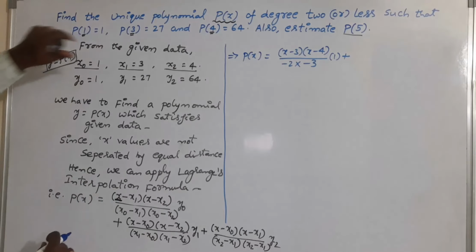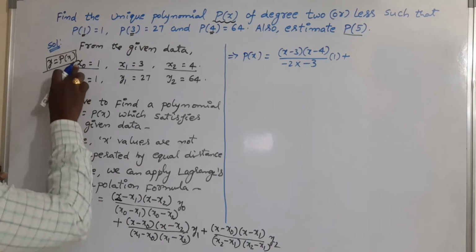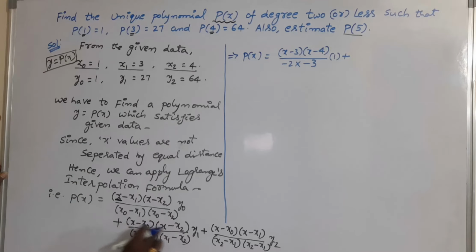Now close the term x1 and subtract x naught and x2 with x value.